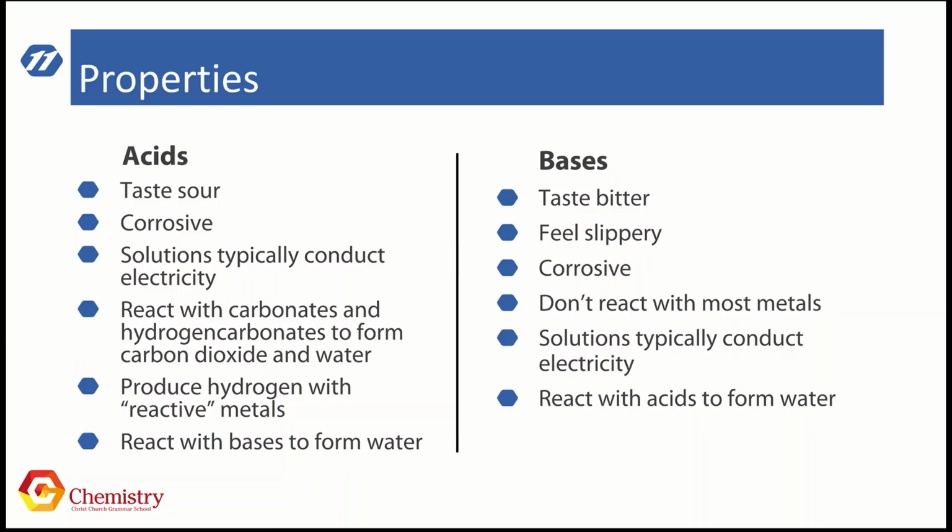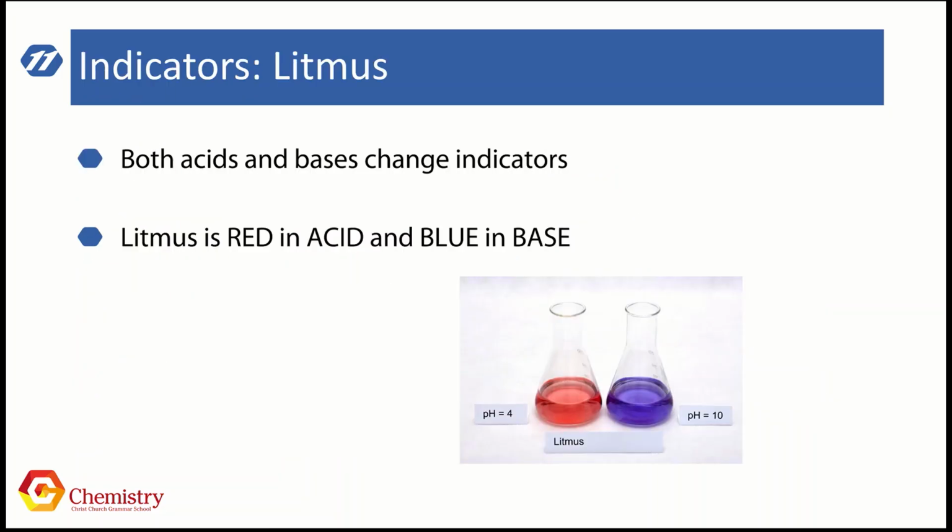Okay, because most acids and bases are colourless and they have some properties which are very similar, we can use indicators to determine not only whether they are an acid or a base, but also what pH they possess.